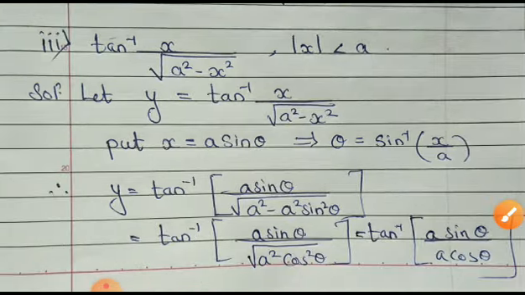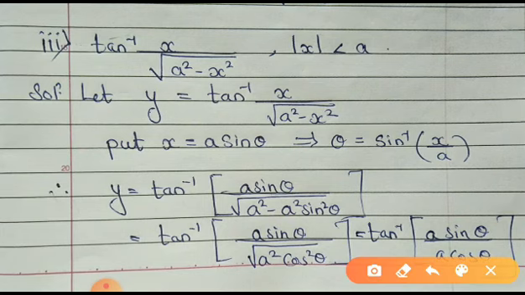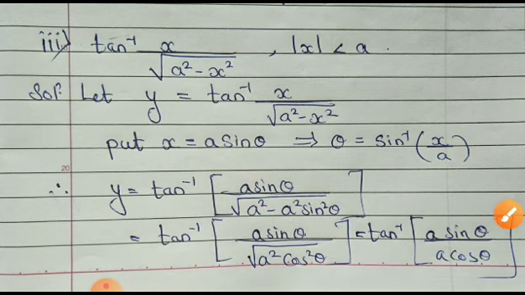Okay. Then a square outside. Again, 1 minus sine square is what? Cos square. So that is written here. Again root of a square is a, so that will be cancelled, and I will get just sine theta by cos theta, and that is tan theta.